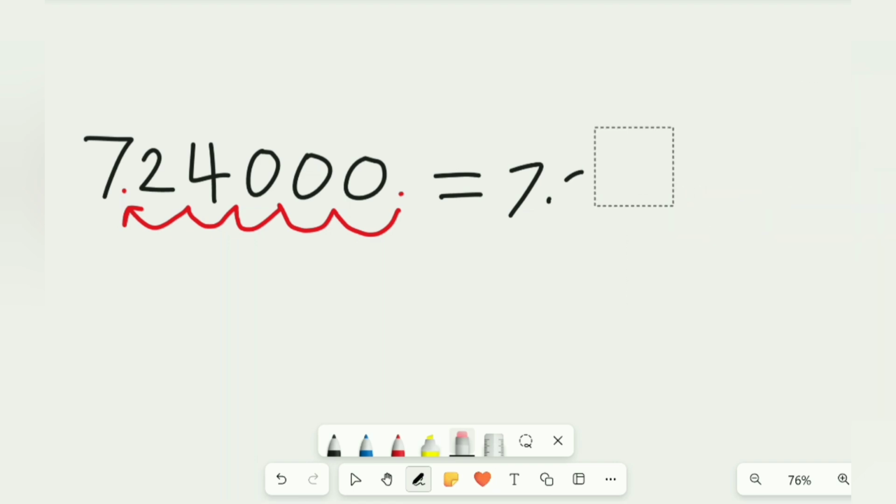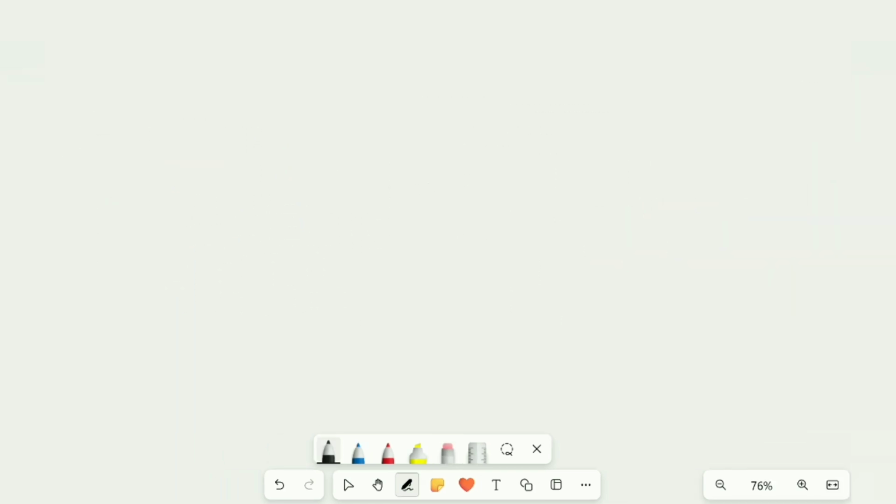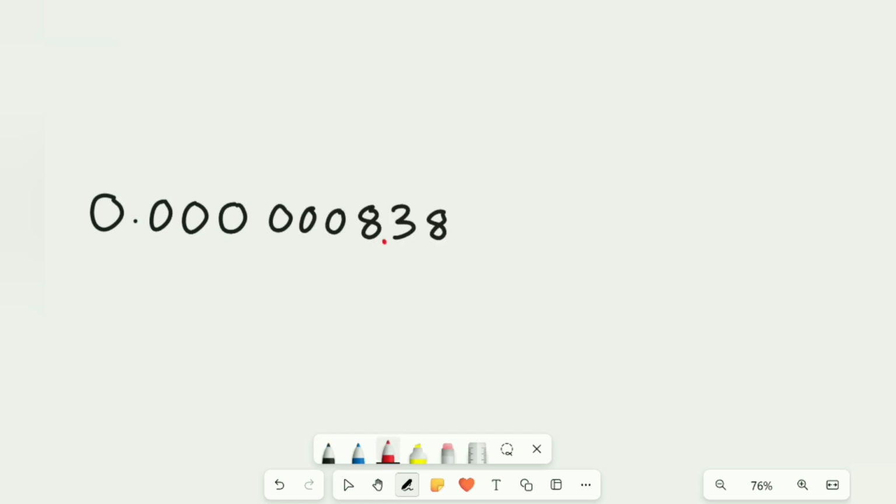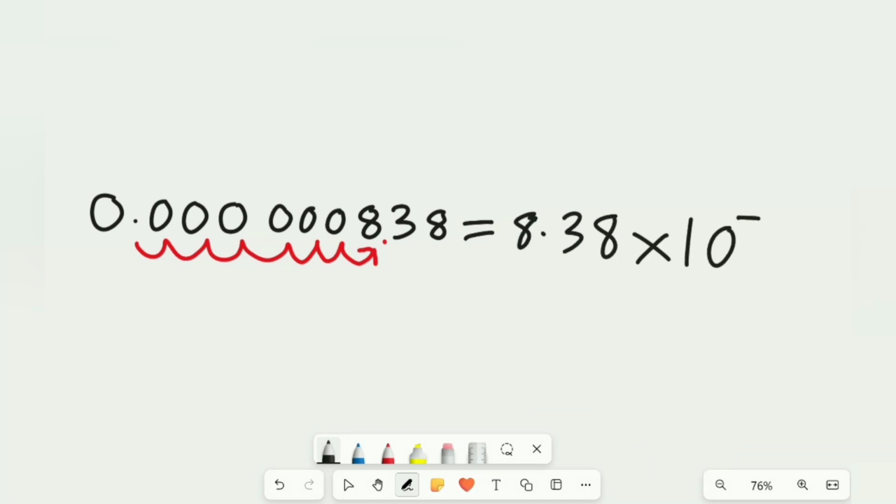Now, let's say we want to write 0.000000838 in scientific notation. In this case, we simply move the decimal point by 7 places to the right as shown. Therefore, the answer is 8.38 times 10 to the power of negative 7.